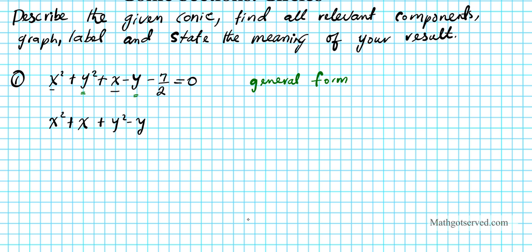And since this is a constant, if you think about the standard form of the equation of conics, the constant is always on the right, so we're going to add 7 over 2 to both sides. So this whole expression becomes set equal to positive 7 over 2.